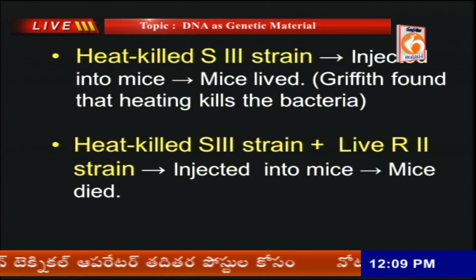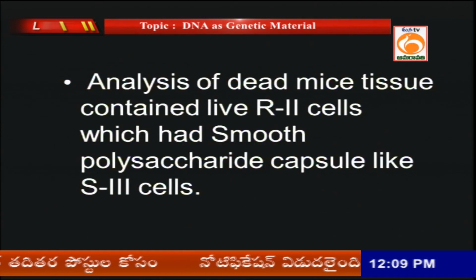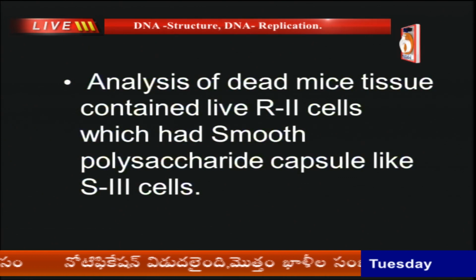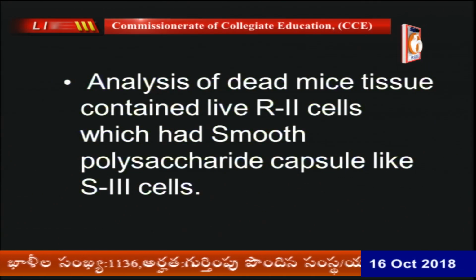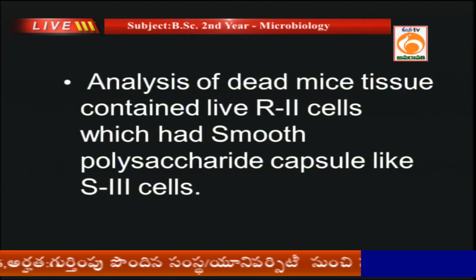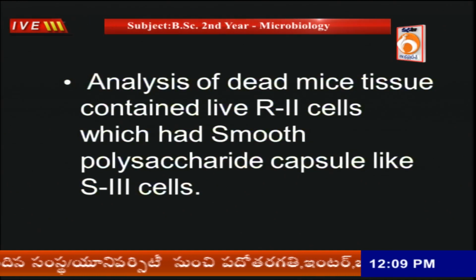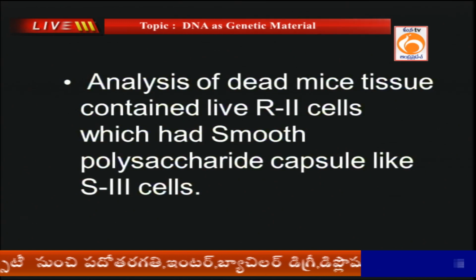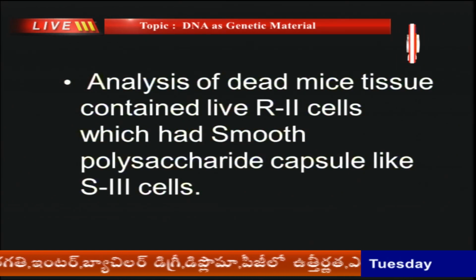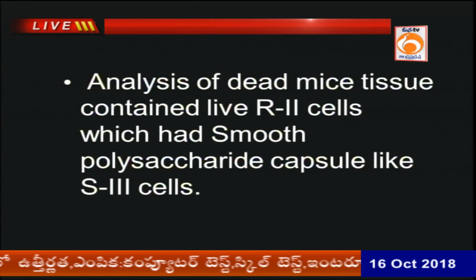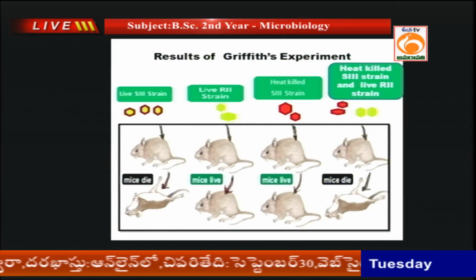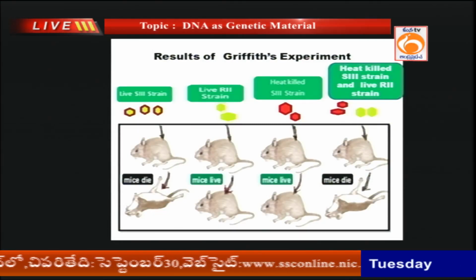Here we get a question: if it is a heat-killed bacterium, will it be able to cause disease? The answer to this question was that analysis of dead mouse tissue was found to contain live R2 cells which had a smooth polysaccharide capsule like S3 cells. This is the diagrammatic representation of Griffith's experiment.